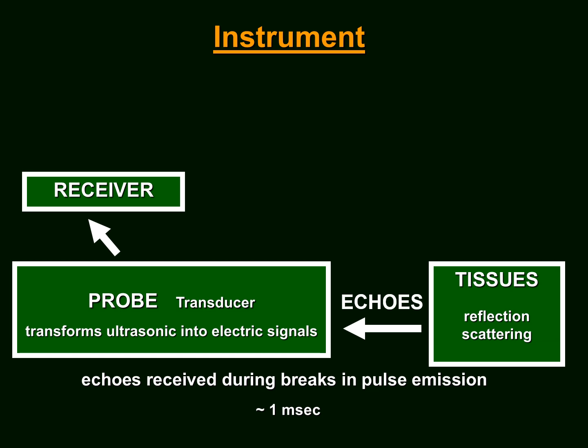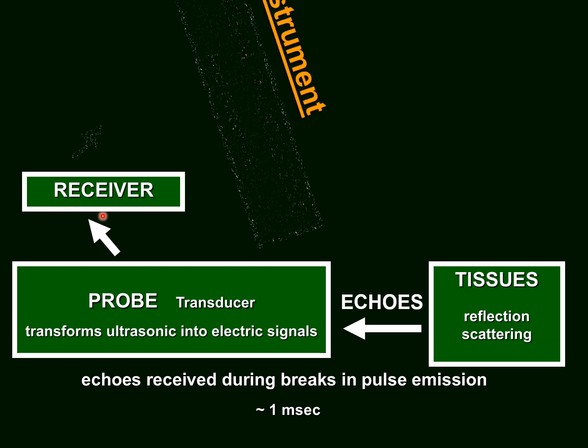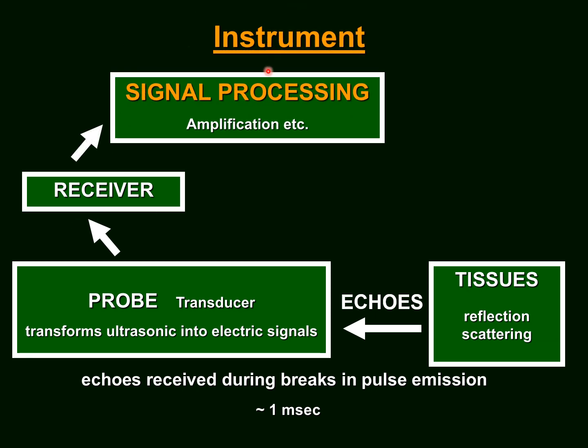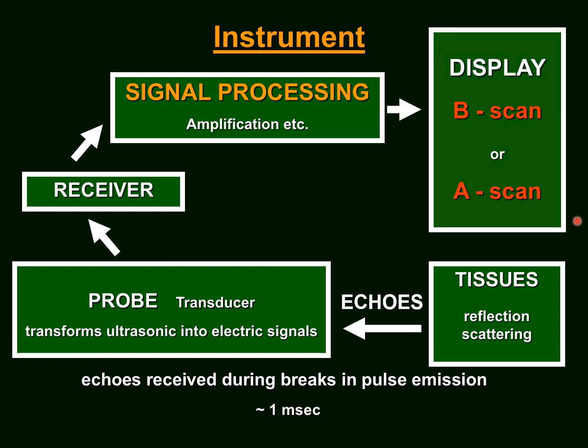The electric signals are then, through the same high-frequency cable, transported to the receiver. In the receiver they are amplified, and then finally they are processed, again with specific amplification, and displayed as B-scan or A-scan.